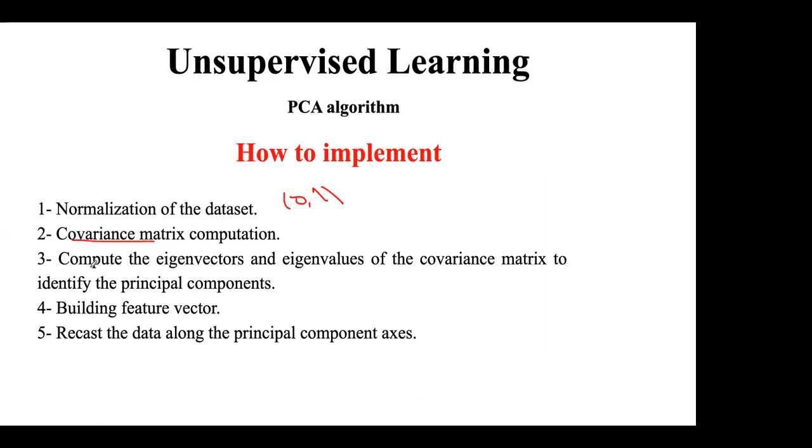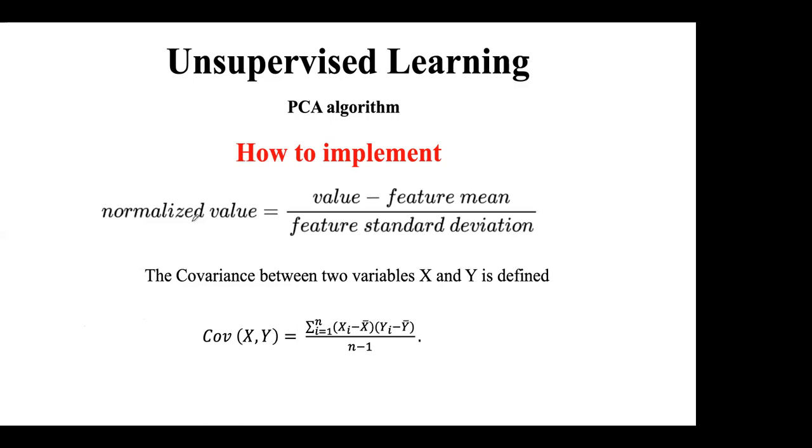Then we should solve the eigenvalue and eigenvector problem, which gives you the principal components, or eigenvalues and eigenvectors. Those eigenvectors are the new basis for representing our dataset. And then we need to rebuild the feature vector based on the new principal axes or new variables, and then recast the data along the principal components axes. So if you see here, there are the steps.